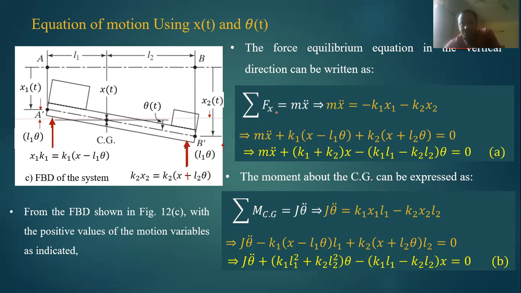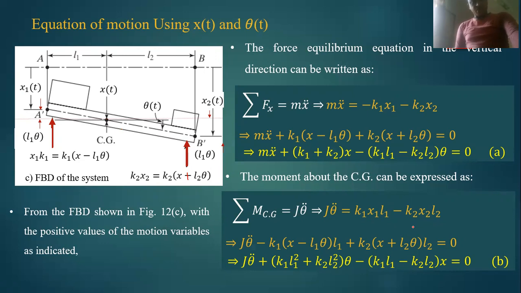So the summation of force in x gives us this equilibrium equation, equation A. And the second one is the moment about point O, or CG. The summation of moment about point O equals J theta double dot, which is equal to k1 x1 L1 minus k2 x2 L2.